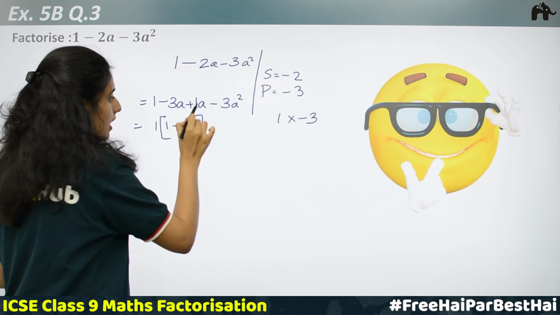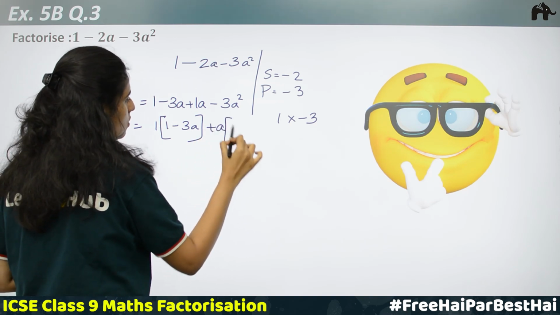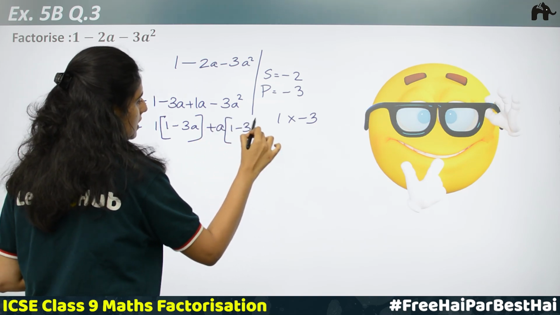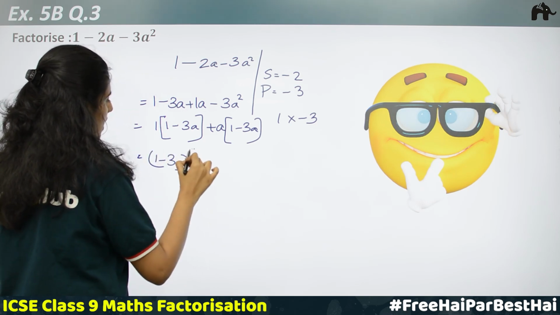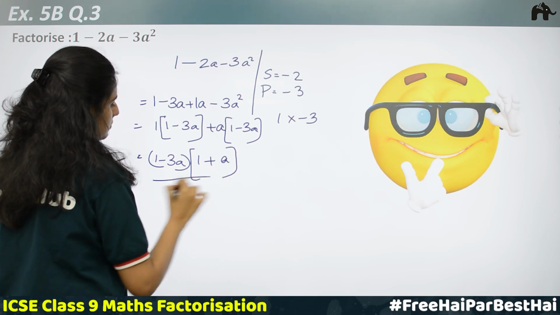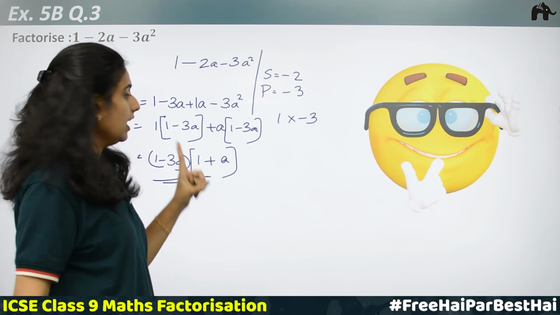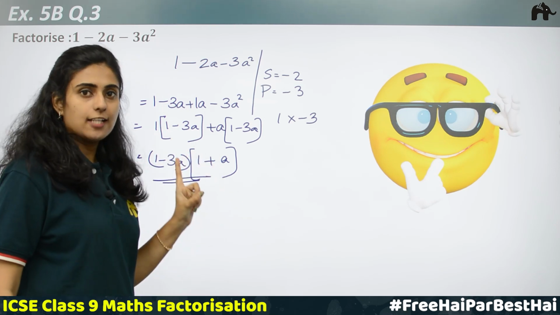Now here a is common, so taking out a, plus a into 1 minus 3a remaining. So 1 minus 3a is common, taking out 1 minus 3a, remaining 1 plus a. So 1 minus 3a into 1 plus a. 1 minus 3a and 1 plus a are the factors.